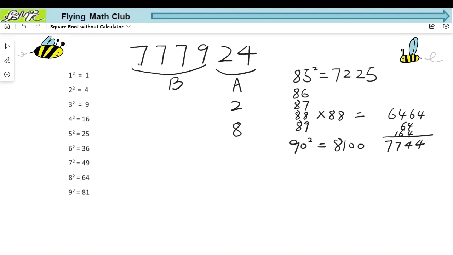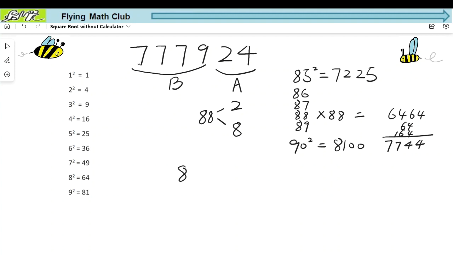So 88 should be the right number. So we put 88 before the 2 and 8. So the possible square root could be 882 or 888.